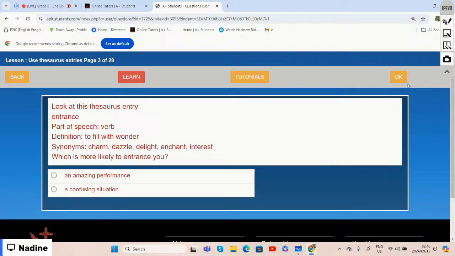So, which is more likely to entrance you? Is it an amazing performance or a confusing situation? Which is more likely to entrance you?